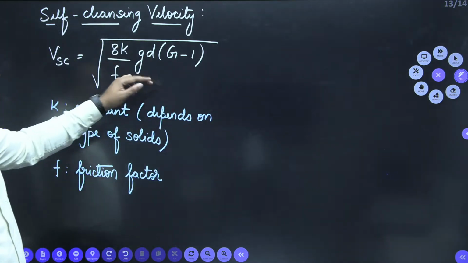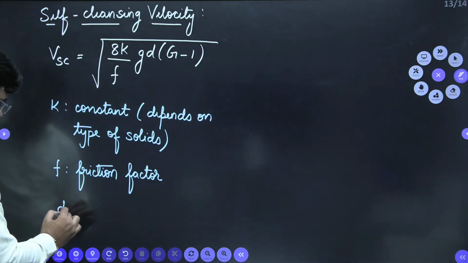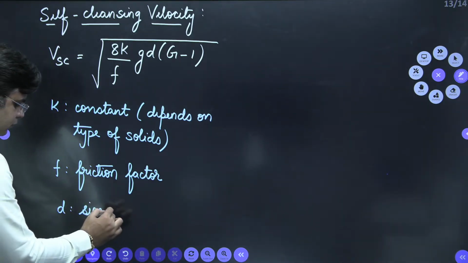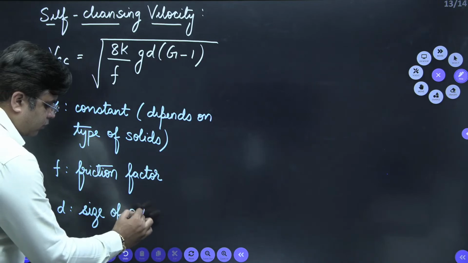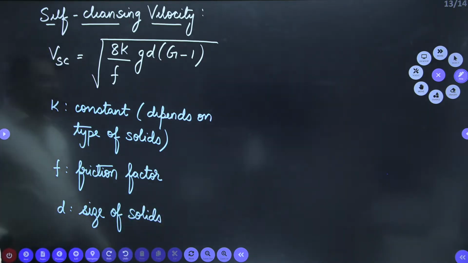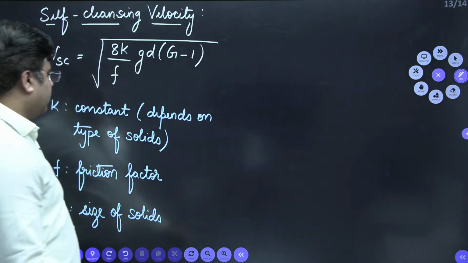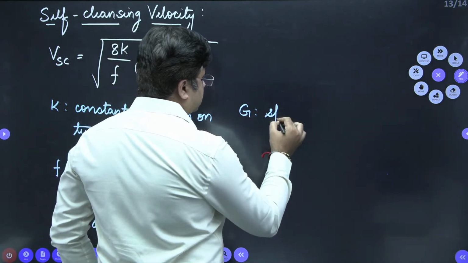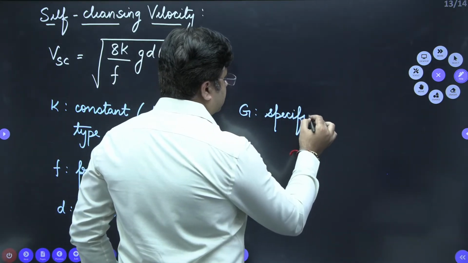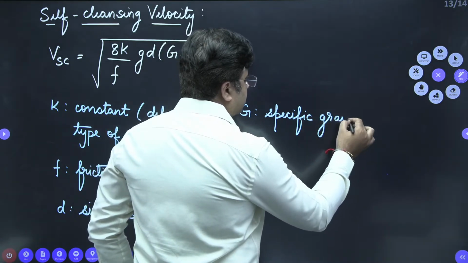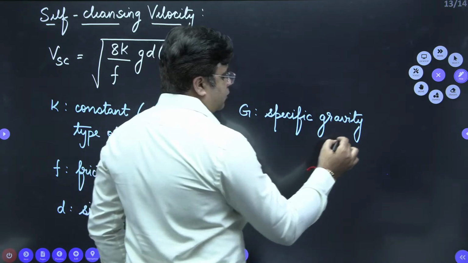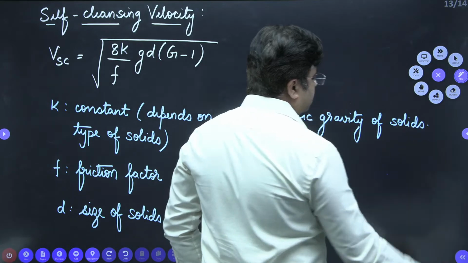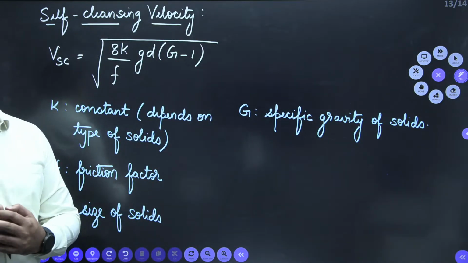This small d is the size of the solids. And capital G is the specific gravity of these solids, right?